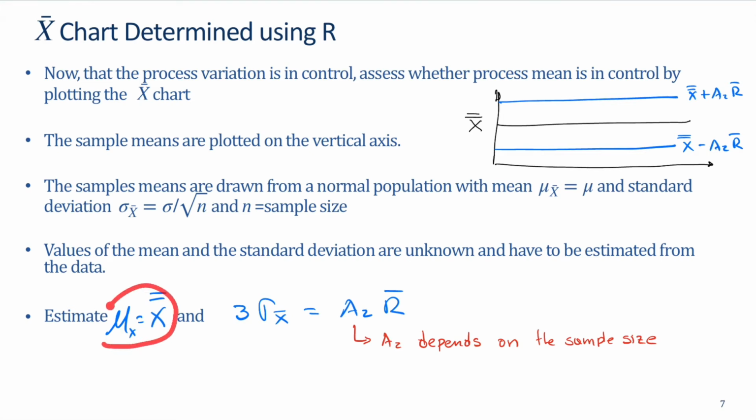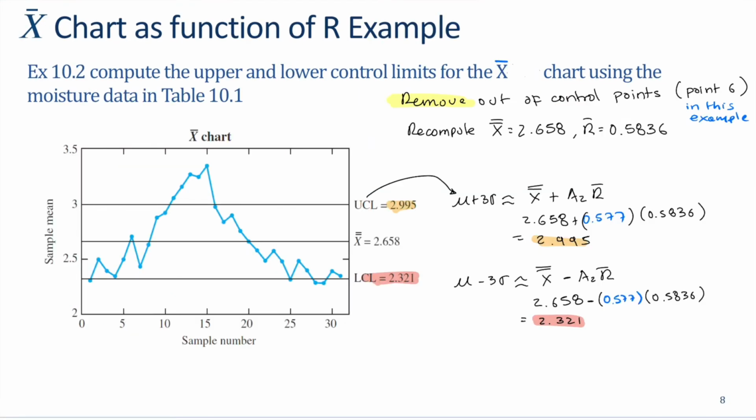So the mean of X is given by the mean of the sample means, and the 3 sigma X is approximated with A2 multiplied by R mean. So remember, A2 depends on the sample size. Let's compute the X chart limit as a function of the range.